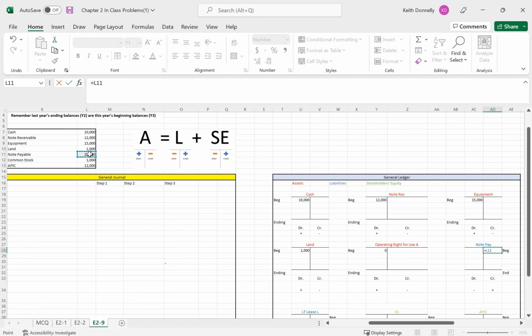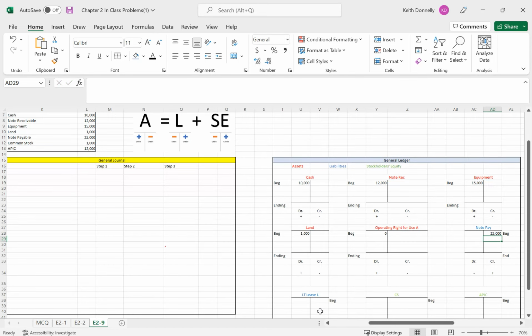Our notes payable are that amount. This one also is a 0 that relates to these two. It didn't exist last year because it happened this year, so it's not on last year's balance sheet. Our common stock, we can just grab from up here, and same with our APIC.